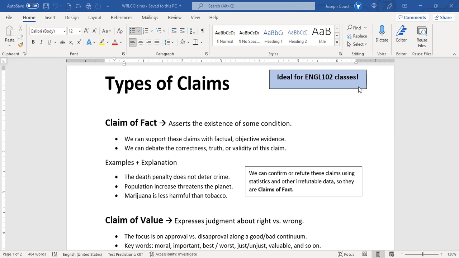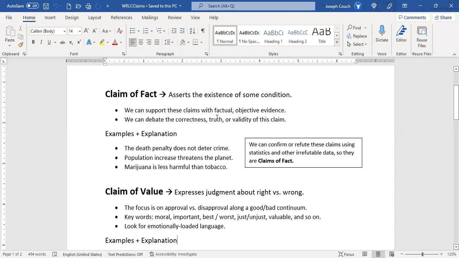So they can all be disputed, argued, debated, but the key is, what is being argued here? The claim types help identify that.